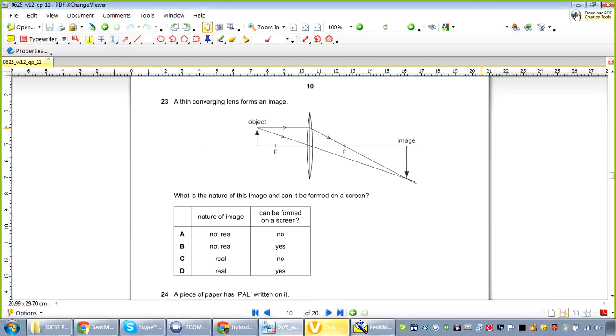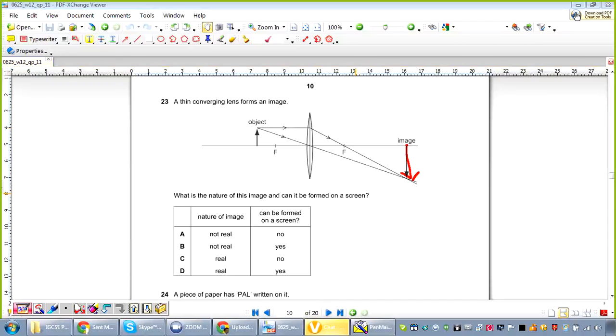No, sorry, C. Always real images, remember, can be taken on screen. And this image that is produced, it is like this. Is this erect or it is inverted? Inverted.